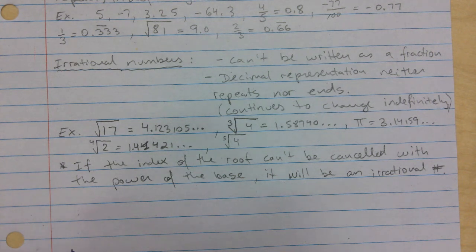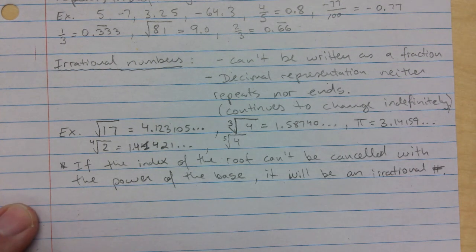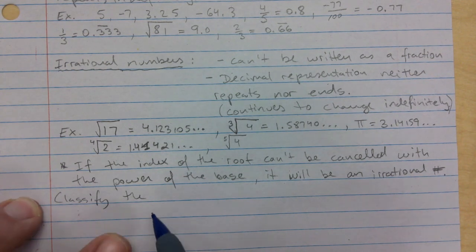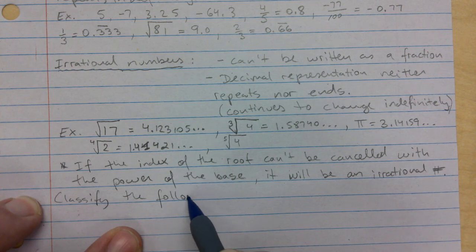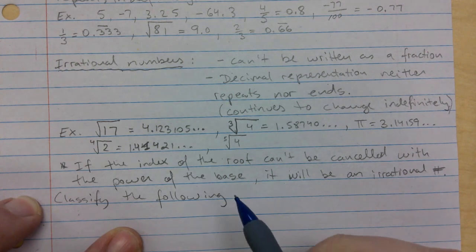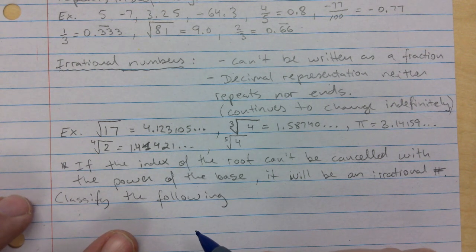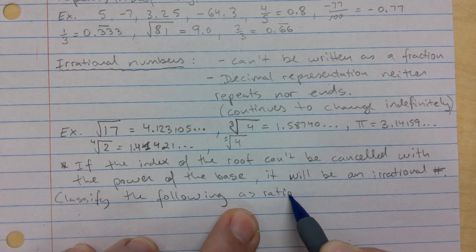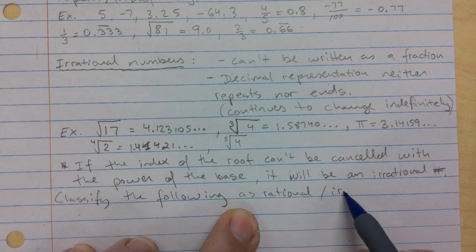So we'll do some examples here, right? Classify the following as rational or irrational.